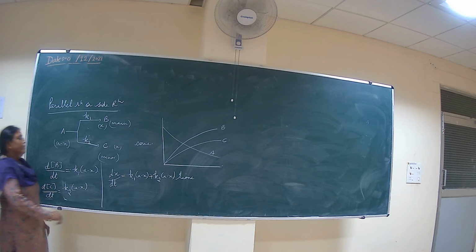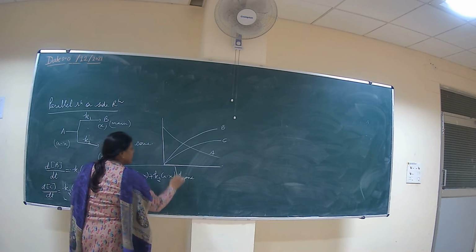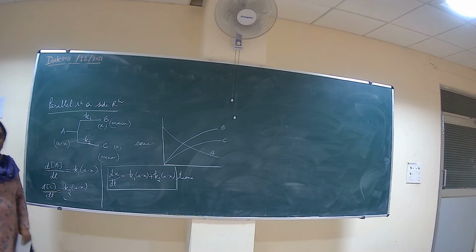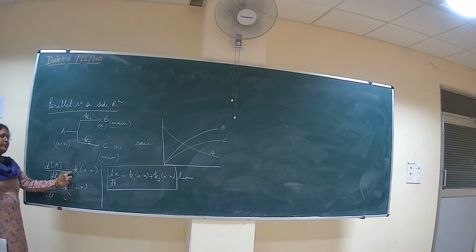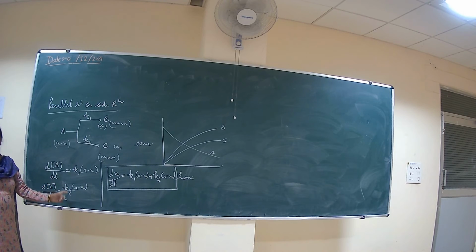And when we find it for the individual products, then we get a ratio of K1 upon K2.